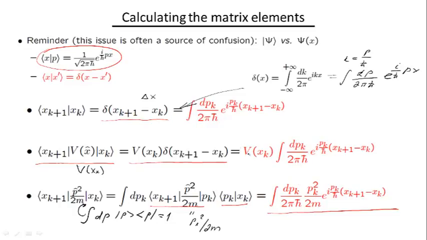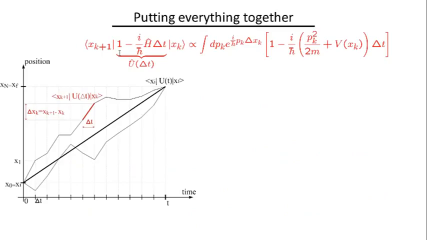You see that all three matrix elements that appear in our previous calculation can be written in a very similar fashion. Now, the good news is that we have reached our final slide, and we are now in the position to put everything together and get to the main result of Feynman.